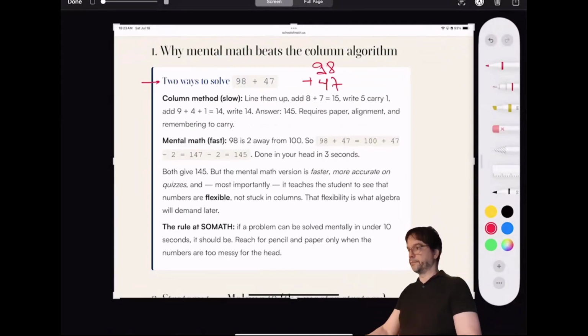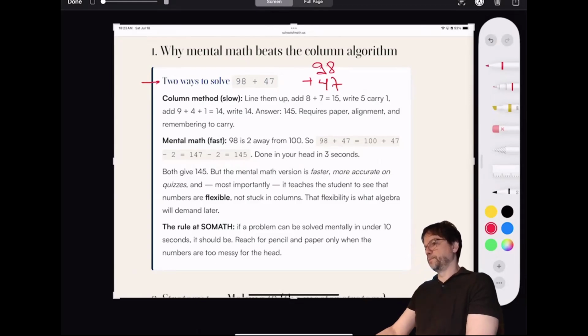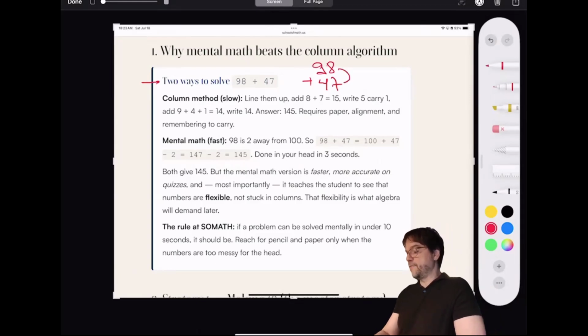Try to do it. Finished? 145. 8 plus 7 is 15.